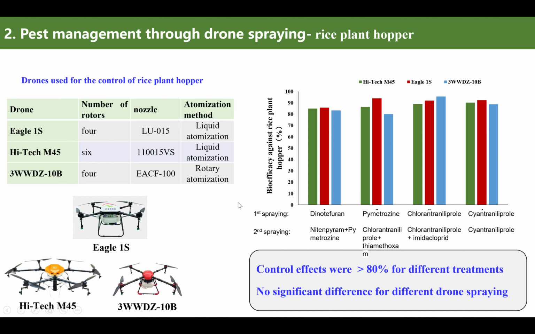And the rice plants were sprayed 2 times with different insecticides. You can see from this graph, the control effects were more than 80% for different treatments, and there was no significant difference for different drone spraying treatments.